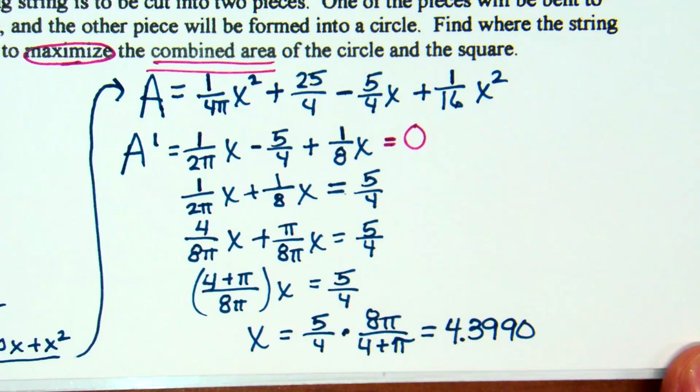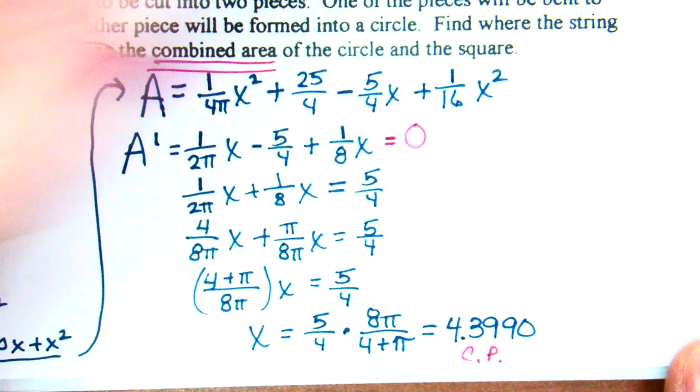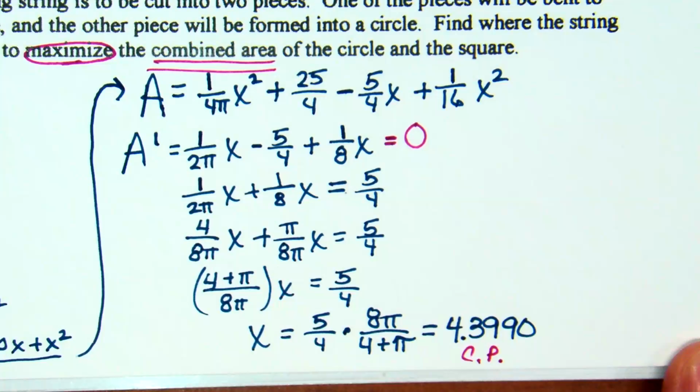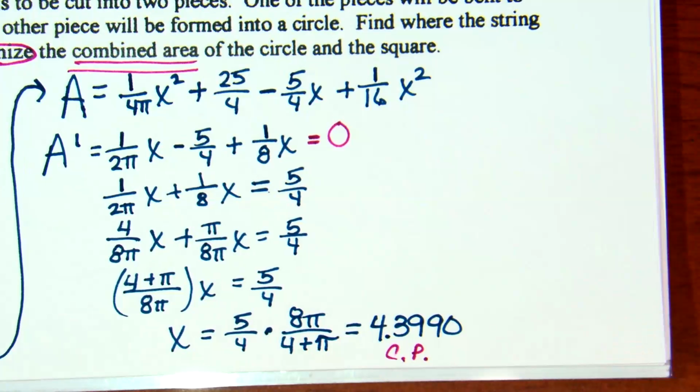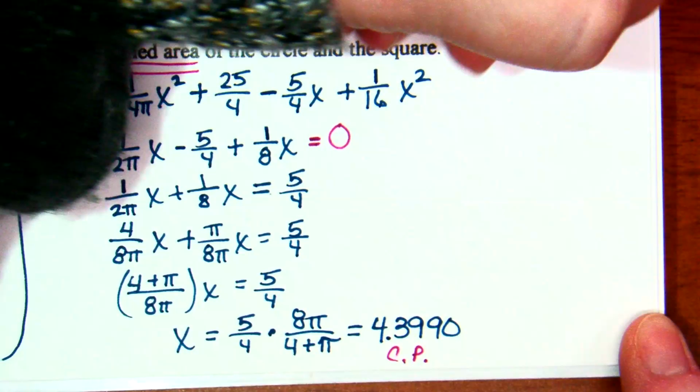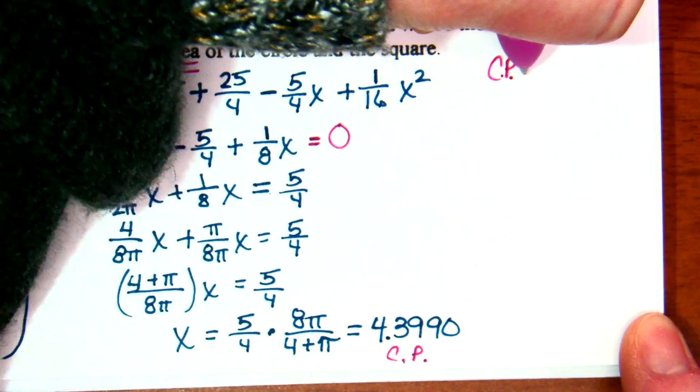Now, what are all of my critical points? The whole point of the lesson today is you have to remember those endpoints, don't you? Okay, so what we need to think, critical points at x equals 0, 10, and the 4.399 number.